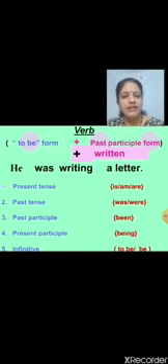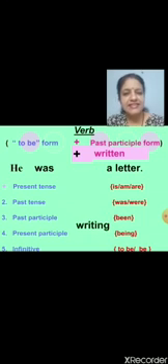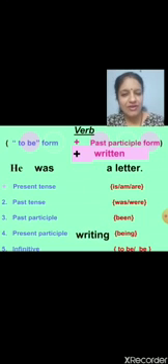Now among all these five, which to be form will be used here appropriately? Let us find out. The main verb is writing. Let us find out to which form it belongs. It belongs to the present participle because it's in the ing form.